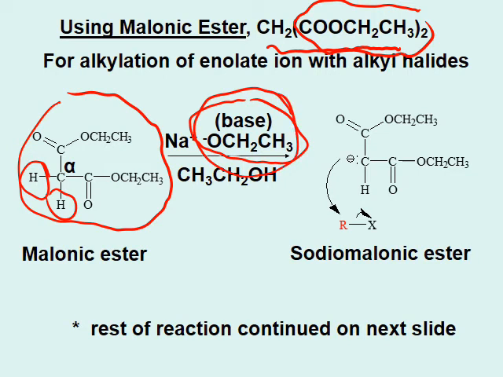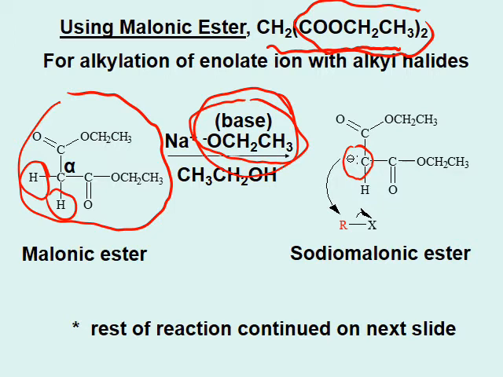In the presence of that strong base, the alpha hydrogen gets removed. In other words, this strong base reacts with the alpha hydrogen, which is an acidic hydrogen. So initially you get a negatively charged carbon. That negatively charged carbon is attracted to the carbon atom of an alkyl group.